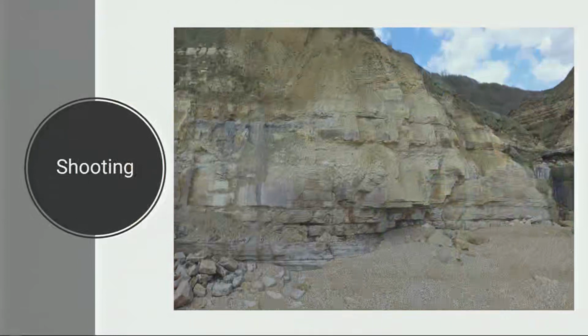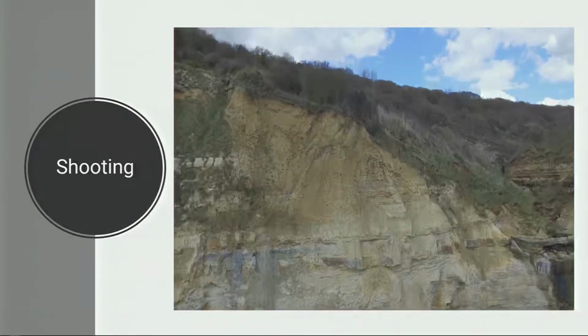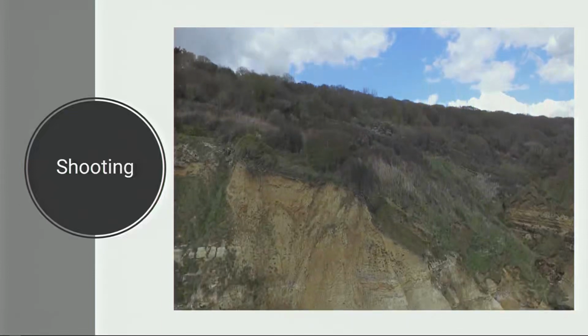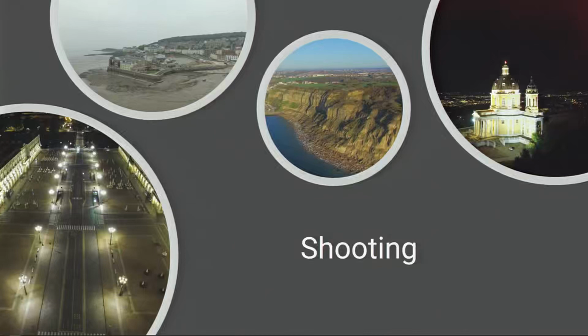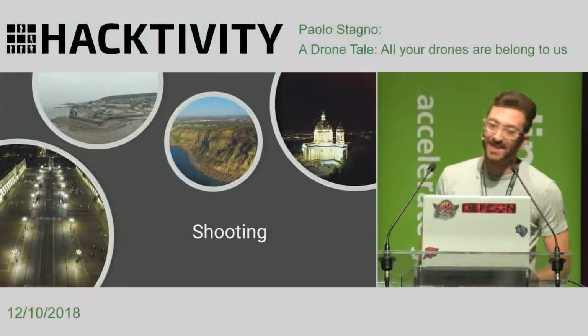I was flying near the sea, so there is a little wind, but as you can see, the video is still very stable. And these are some photos in different weather, wind and light conditions. The left and right corners are from my hometown of Turin, Italy. So I'm just proud of it.